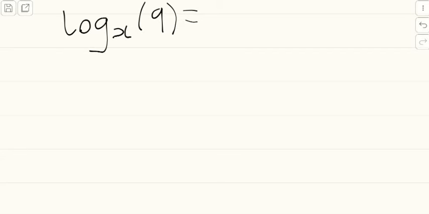Now we have one final example, and that's going to be this. Log to the base x of 9 equals a quarter. So again, pause and have a go.